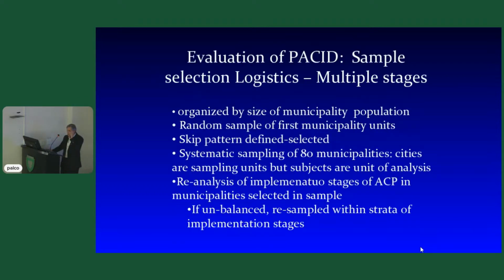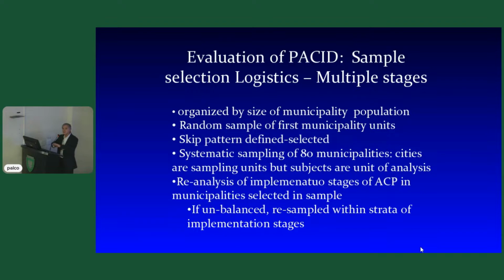Okay? So in the evaluation of PACID, the sample selection logistics was in multiple stages, like I said, organized by size of the municipality. So we stratify the random sample of the municipalities based on the size of the municipality, so that you have good representation in the samples of small cities, mid-sized cities, and very large cities. Recife was not included because we've done a separate evaluation of Recife.